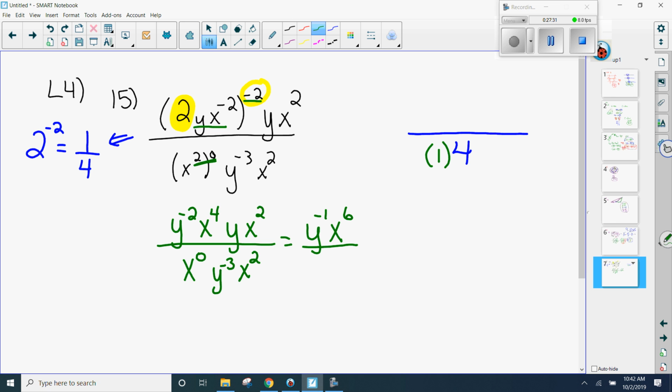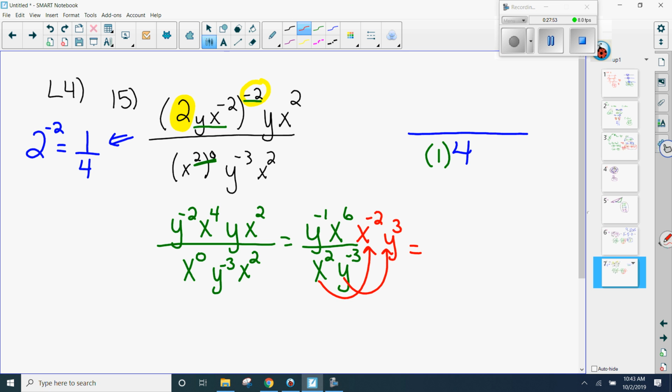In the denominator, 0 plus 2 means x squared, and y to the negative third. Now what do we do? Move them up, which changes the sign of the exponent. So it's x to the negative second, y to the positive third.